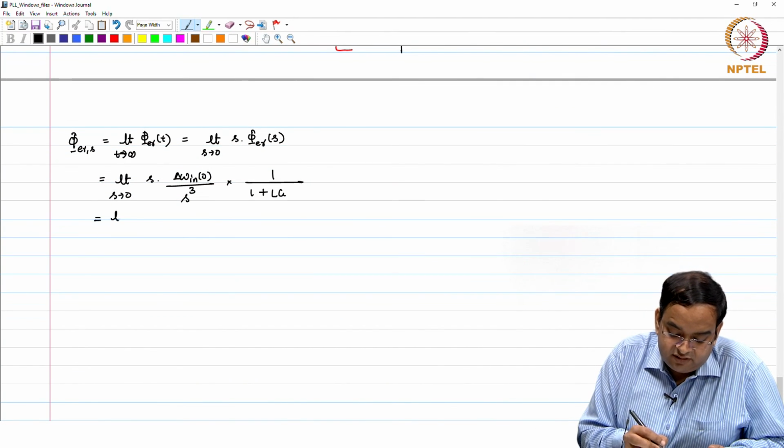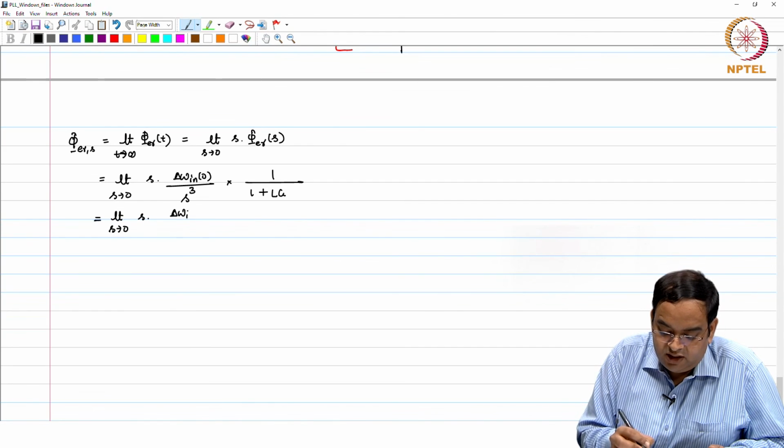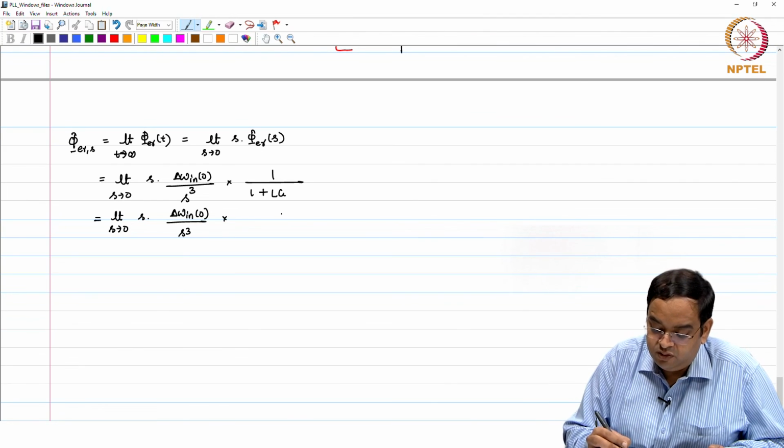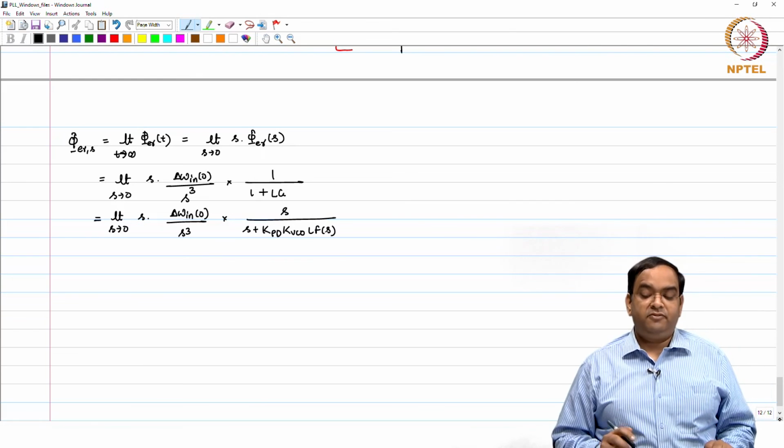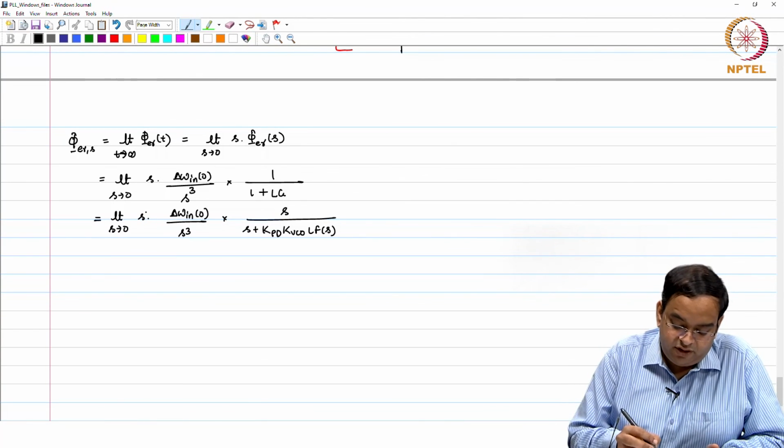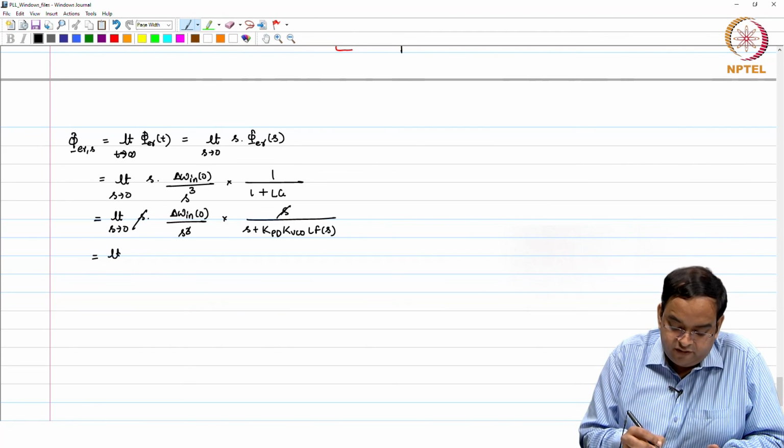So, this is equal to the limit as S tends to 0 of S times delta omega in 0 by S cube into S divided by S plus KPD times KVCO into loop filter of S. You see I can just remove these terms from here.